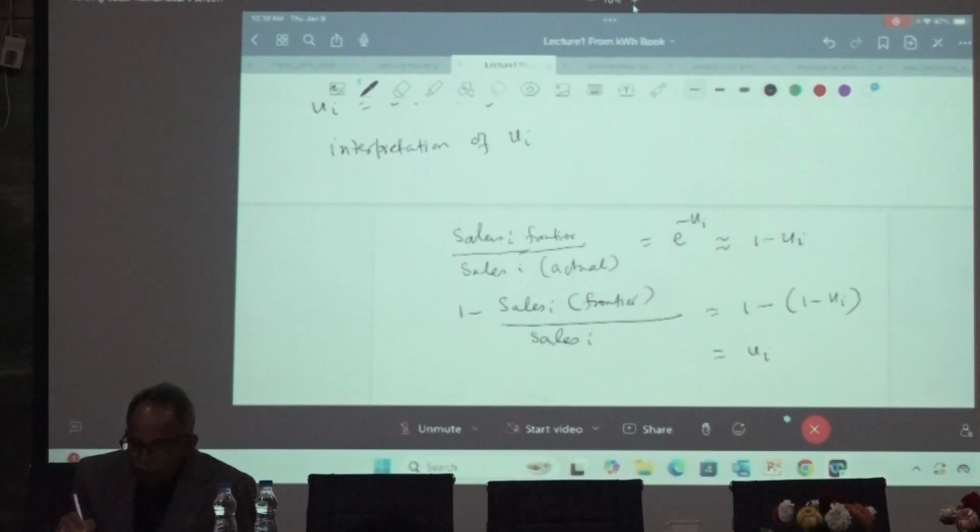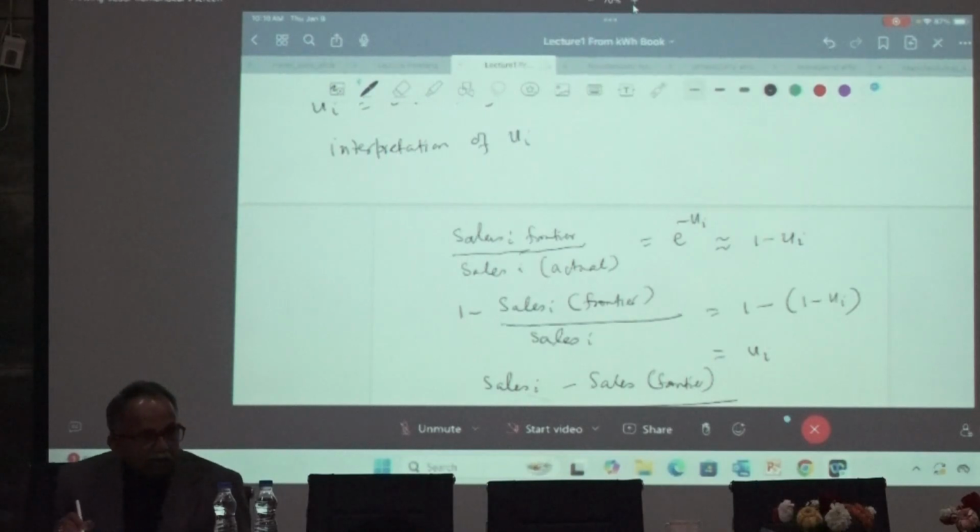Now we can get U, and what I have to do is work out the meaning of the left hand side. Do you see what it is? If you don't see it immediately, let's do this. This is sales of individual i, the actual sales, minus the maximum or frontier sales, divided by sales of individual company i.